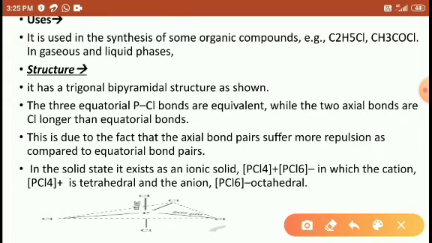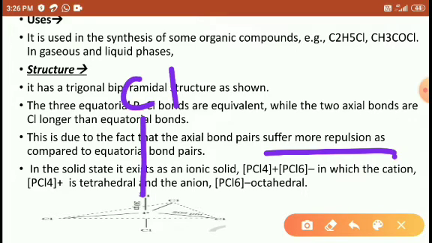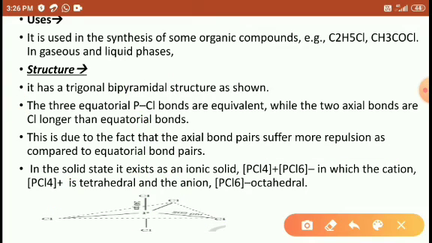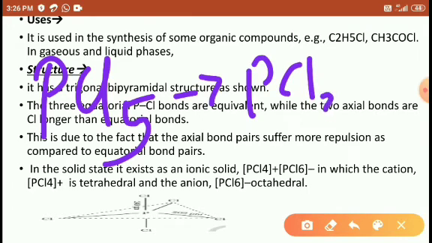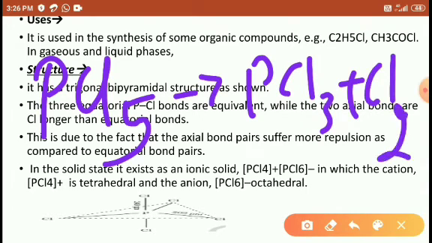This is due to the fact that the axial bonds suffer more repulsions from the other chlorines, so they are more easily dissociated. When PCl5 dissociates, it forms PCl3 plus Cl2.